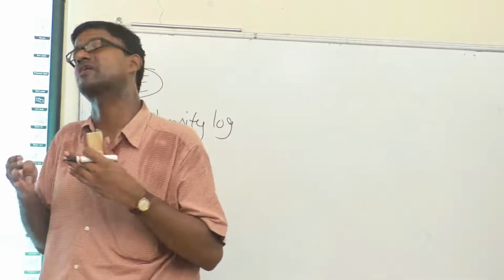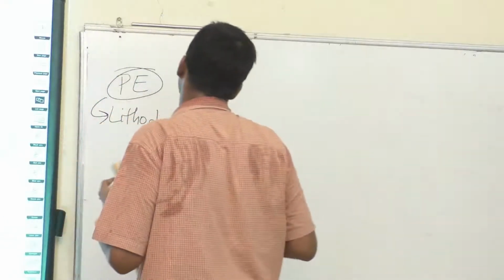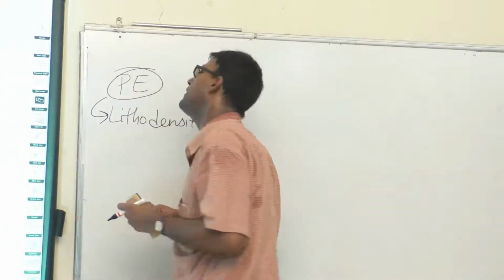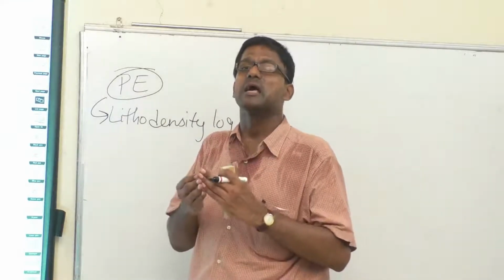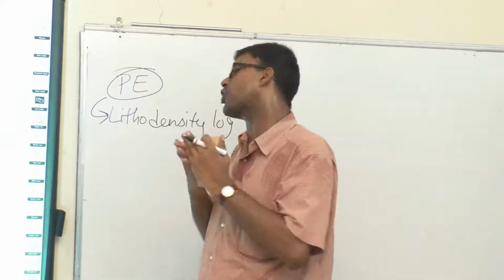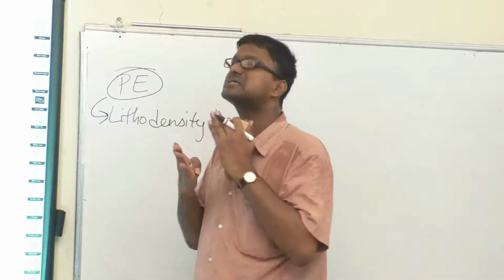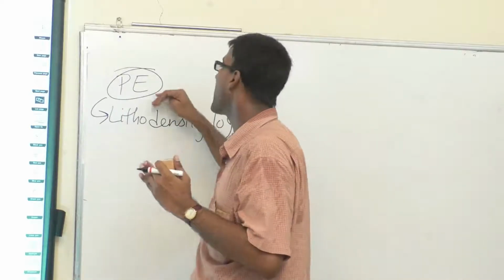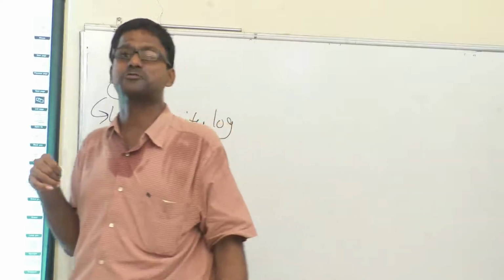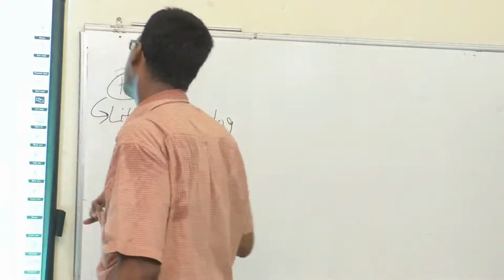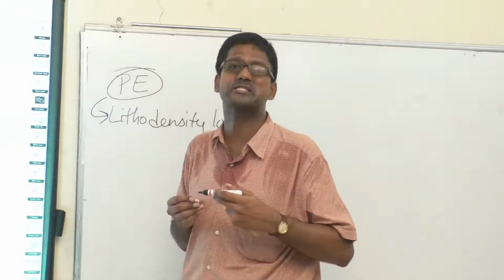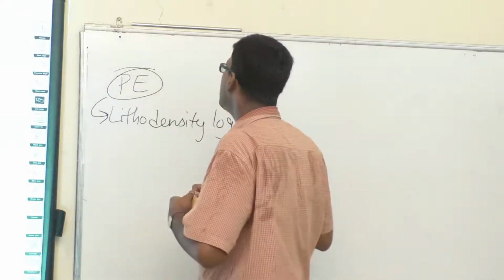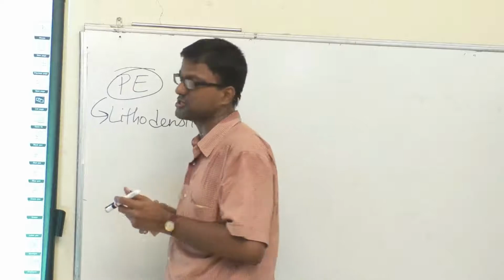The energy of the electrons gets reduced, and when the electrons lose their energy, then we have a photoelectric absorption coefficient.